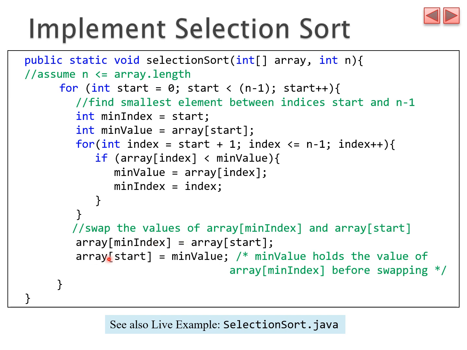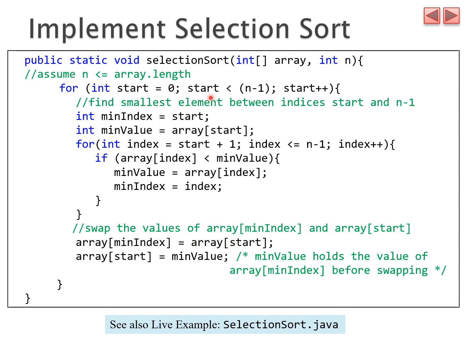Then you put minValue into the element at index start. But note that minValue here already holds the value of the array at minIndex before the swapping. If you use array at minIndex in place of minValue here, it would not work, because the array at minIndex has been modified by the previous assignment statement.